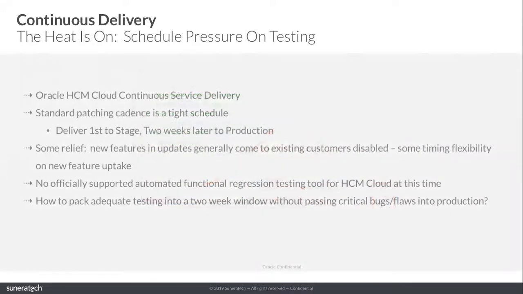So the heat is on. We've talked about the standard cadence. It's a tight schedule. First to stage, 2 weeks later to production. There's some relief in that some of the new features we deliver typically come to existing customers disabled. So you do have some timing flexibility on new feature uptake.